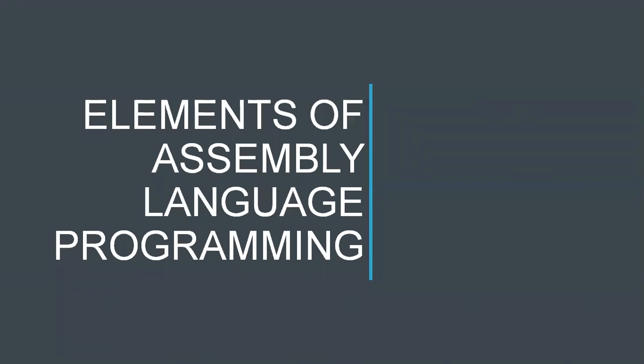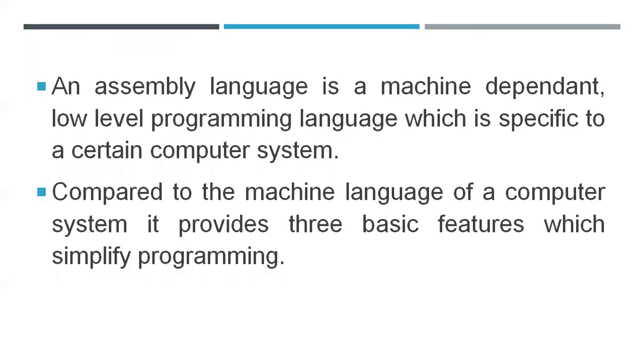The point we are going to start with is elements of assembly language programming. So, what are the different elements in assembly language programming that we will see now? Any assembly language is a machine-dependent, low-level programming language which is specific to a certain computer system.